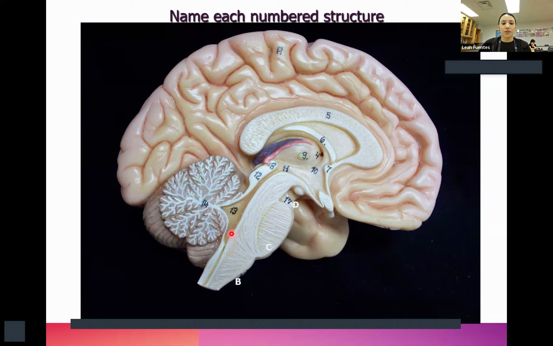Specifically, this whole structure is the cerebellum. But again, 14 arbor vitae. And then if you can see it right in here, this number 17, this is going to be our oculomotor nerve. So again, this is kind of similar to what you would see on your lab exam.